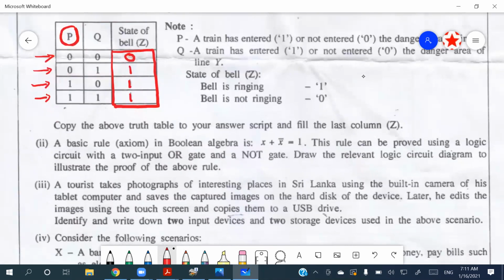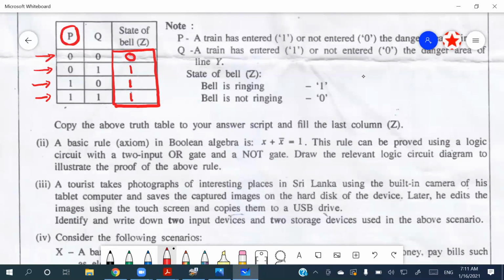Okay, so moving to the second, a basic rule in Boolean algebra is x plus x bar equals 1. This rule can be proved using a logic circuit with a 2-input OR gate and a NOT gate. Draw the relevant logic circuit diagram to illustrate the proof of the above rule.